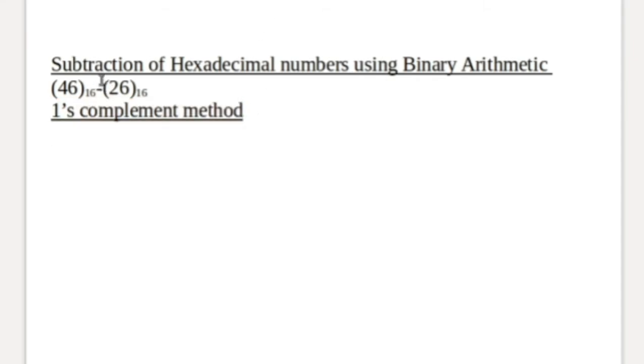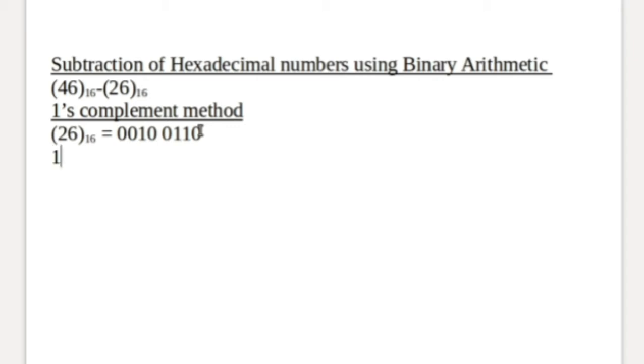Here the subtrahend is 26 base 16. To find the binary equivalent of a hexadecimal number, we write the 4-bit binary of each hexadecimal digit. That is, 2 in 4-bit binary is 0010, and 6 in 4-bit binary is 0110.